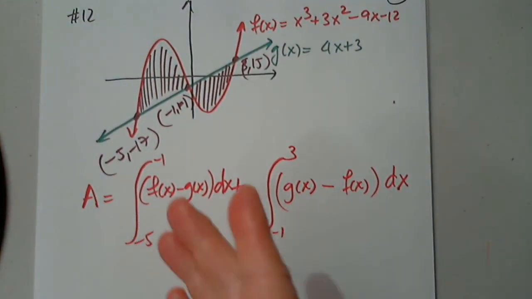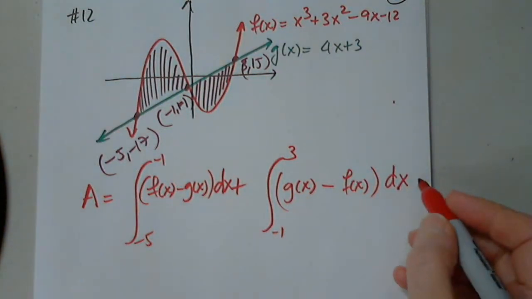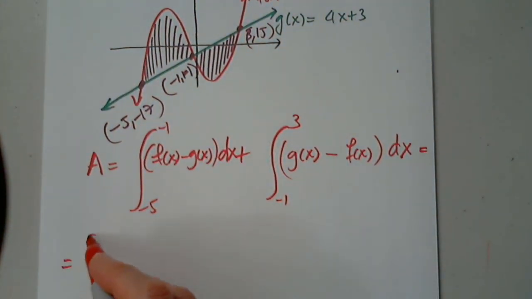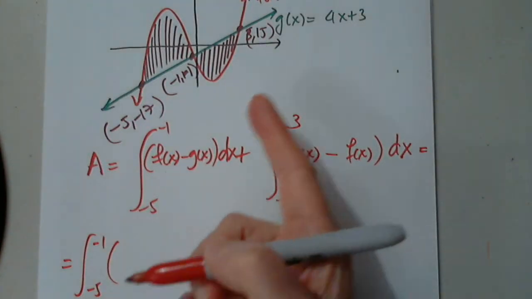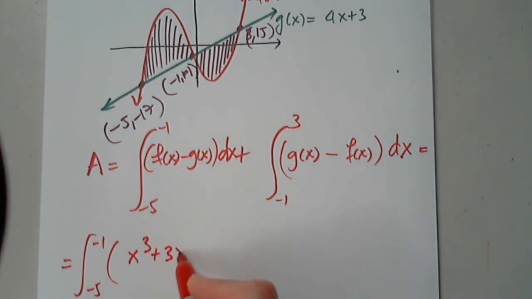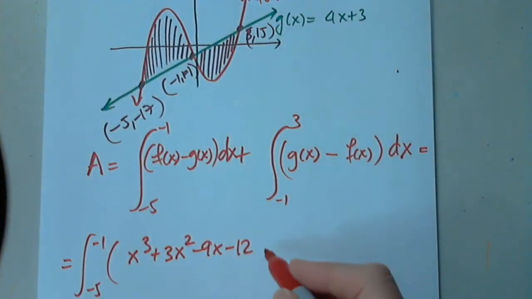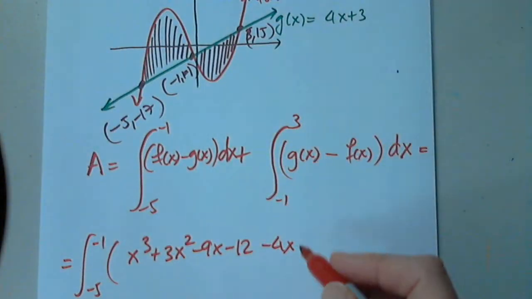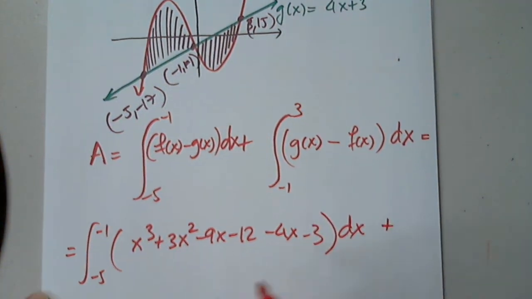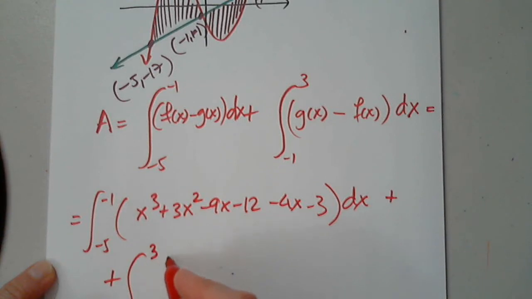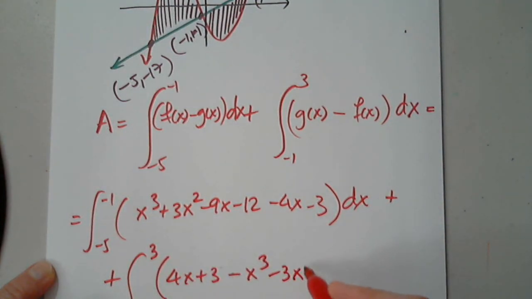So how will I continue? I'll just plug in the functions and simplify. So I have from -5 to -1 of x to the third plus 3x squared minus 9x minus 12, careful, minus 4x minus 3 dx, plus the integral from -1 to 3 of 4x plus 3 minus x cubed minus 3x squared plus 9x plus 12 dx, of course.